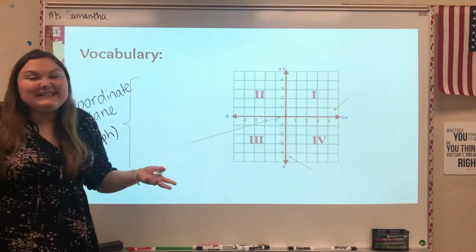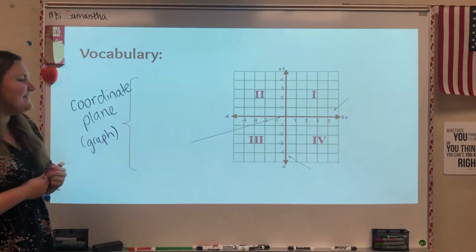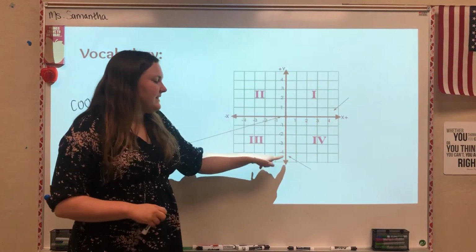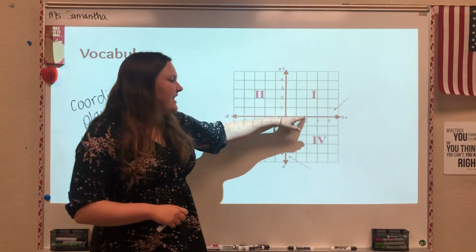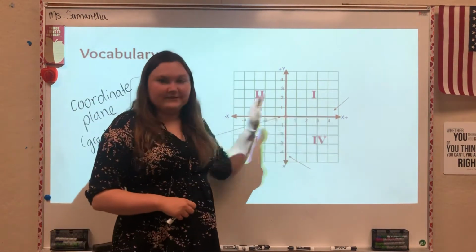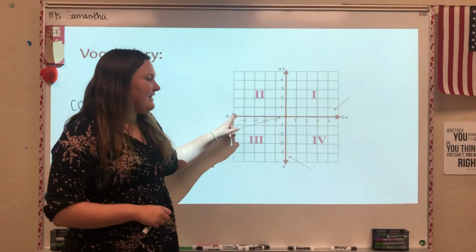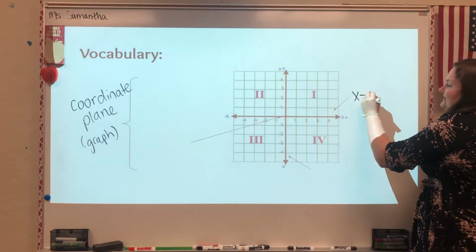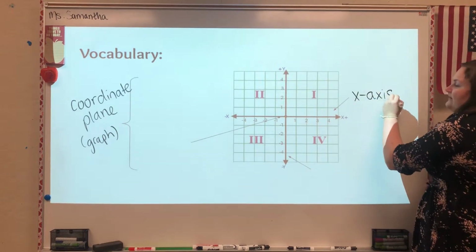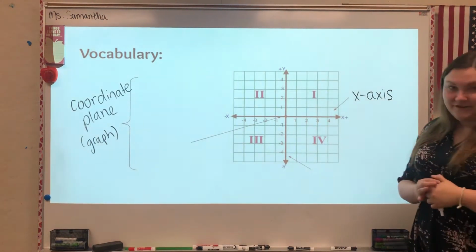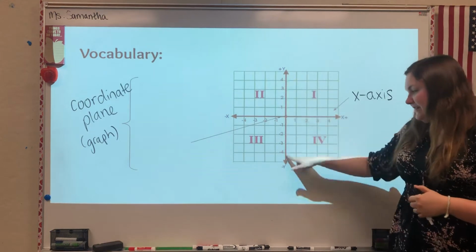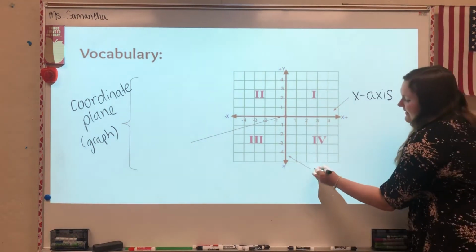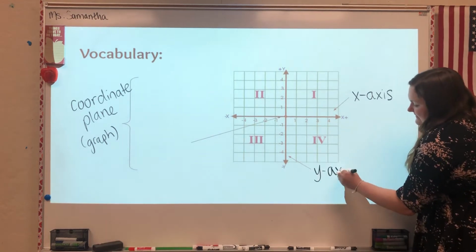A coordinate plane is a type of graph, but what makes this specifically a coordinate plane are these two things right here, these number lines. I've got this one here that goes left and right. We call this number line our x-axis. And then you've got another number line that goes up and down right here. We call this vertical number line our y-axis.